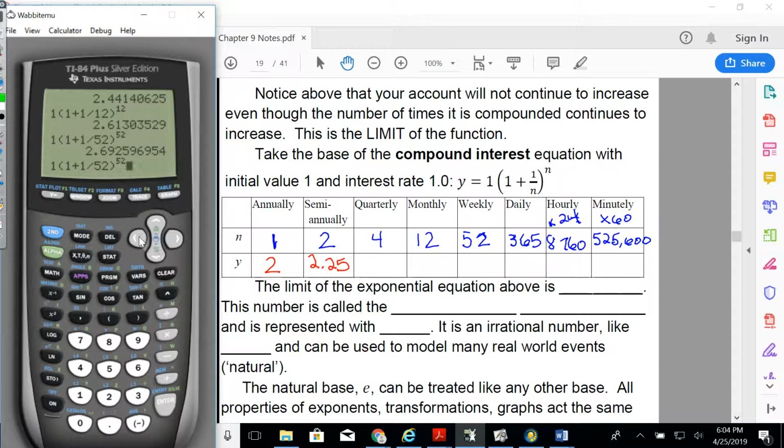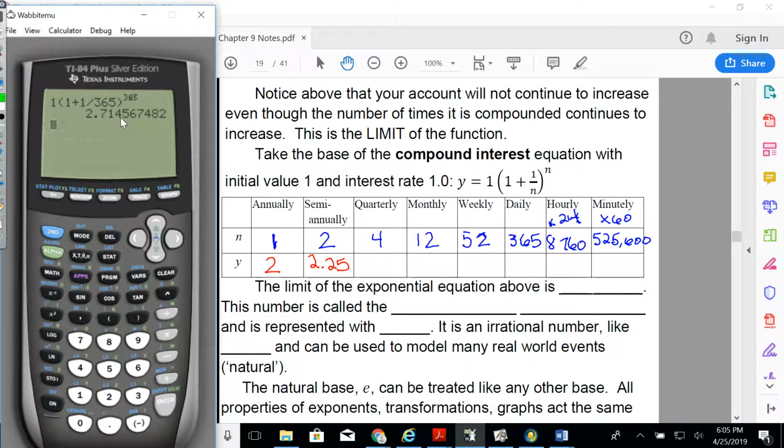And then going to the daily, 365. And then over here, 365. Oops. What did I do? Oh, I forgot the parentheses. So 2.7145.